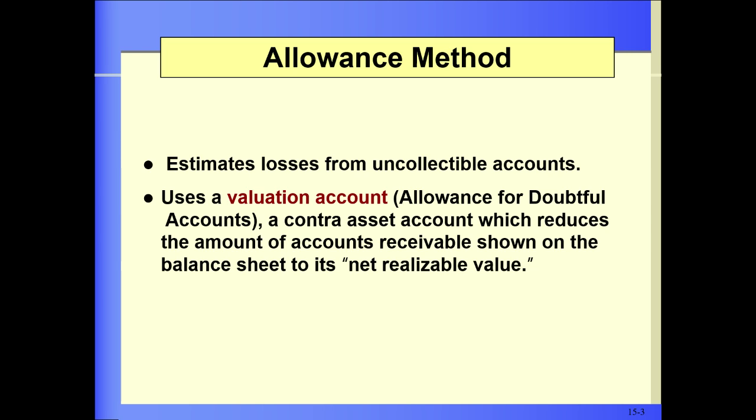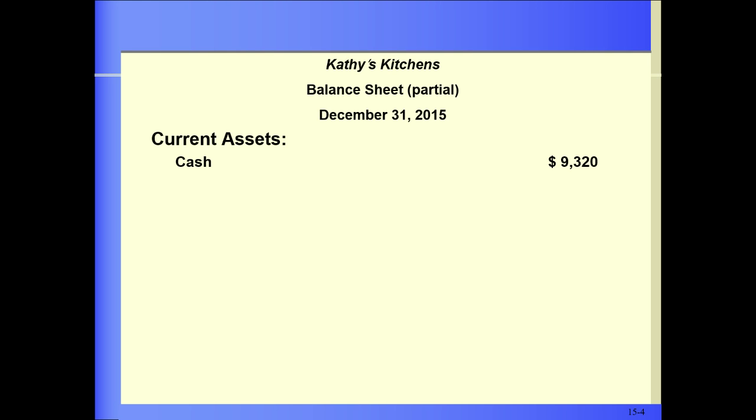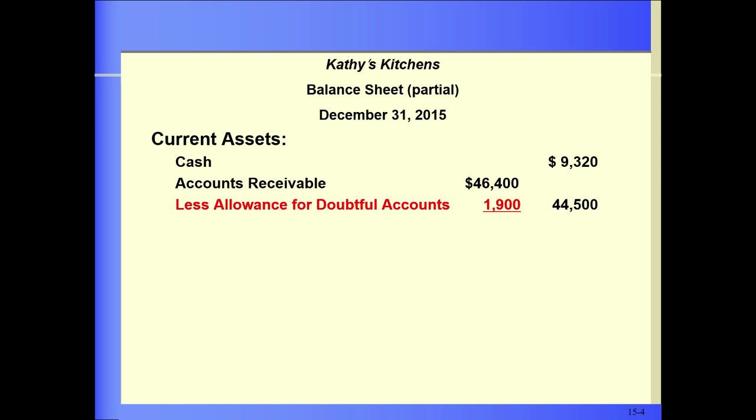Our goal here is to come up with a proper valuation for our overall AR, or what is called a net realizable value. So as we can see, we're going to take our accounts receivable, which for Kathy's Kitchens at the time is $46,400. We're going to estimate how much of that we think is uncollectible, and we're going to add that into an account called Allowance for Doubtful Accounts.